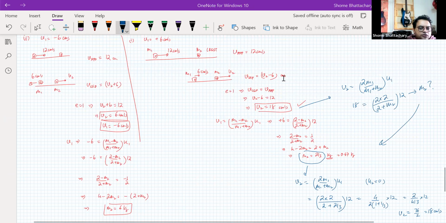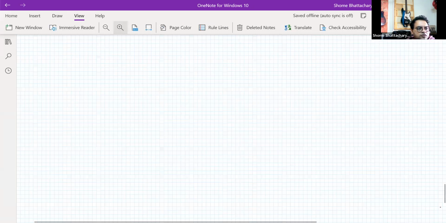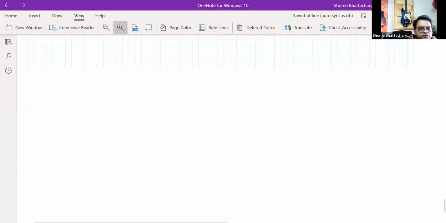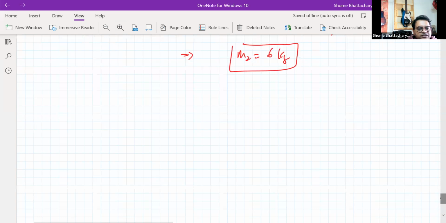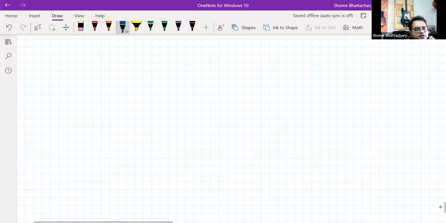Okay, so before we conclude today's session, people, one additional thing we'll look at, and that is when there is a collision of a particle with a rigid surface, instead of colliding with another body or another particle.